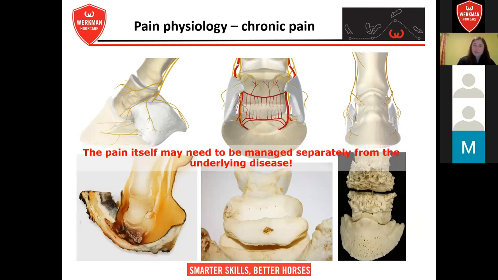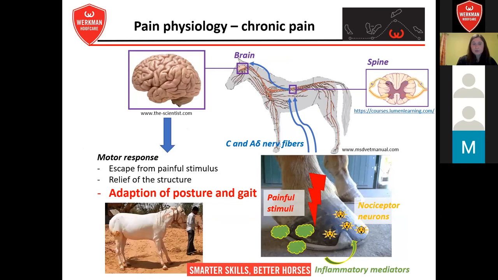the primary disease is not really important anymore. The problem is that you have pain independent from these diseases, and it needs to be managed separately from the disease, because this chronic pain changes the whole nervous system, and by changing the whole nervous system, it's also changing the motor response.